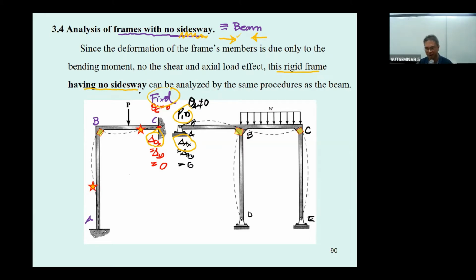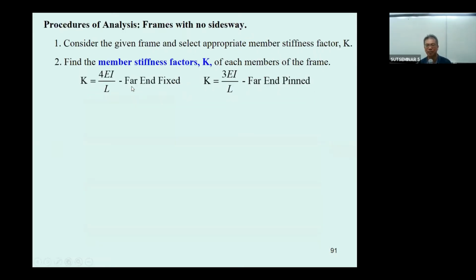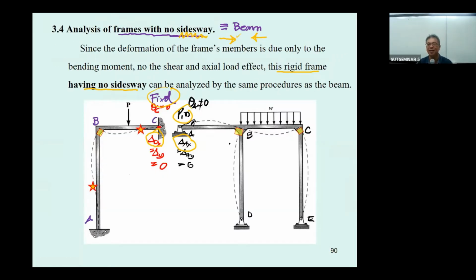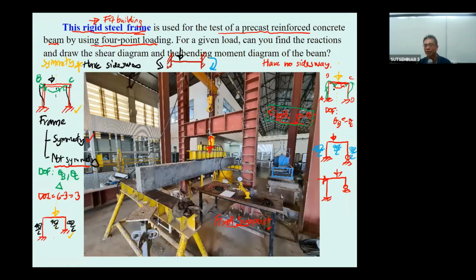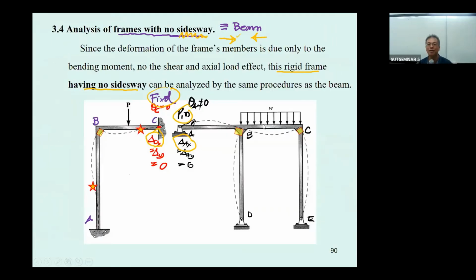And the next one, if the frame is symmetric, like the one that I drew for you guys before, such as this one, this will be the frame with no sidesway due to the symmetry of the frame and the symmetry of loading. So there are two types of frame with no sidesway.